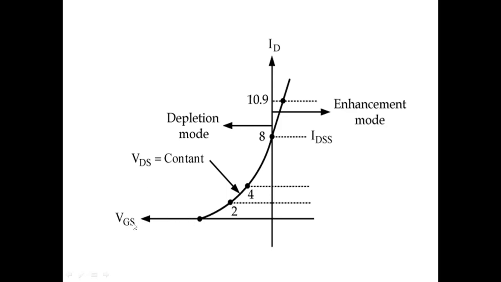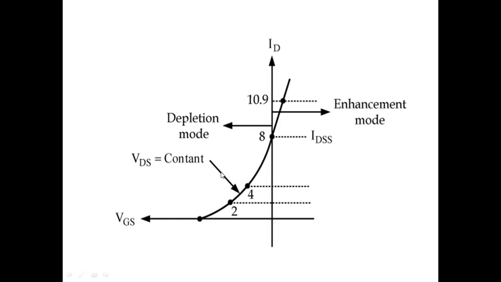As the negative voltage of VGS decreases, from -4 to -3, -2, -1, and 0, what happens? Fewer electrons in the N channel are repelled.